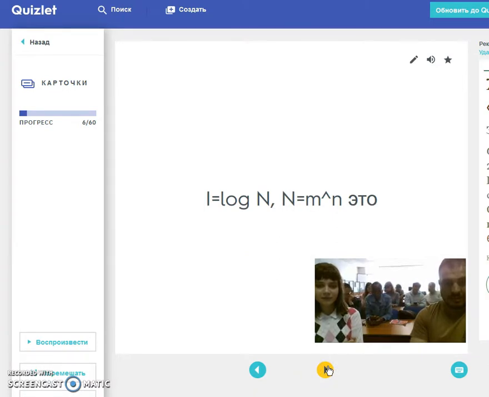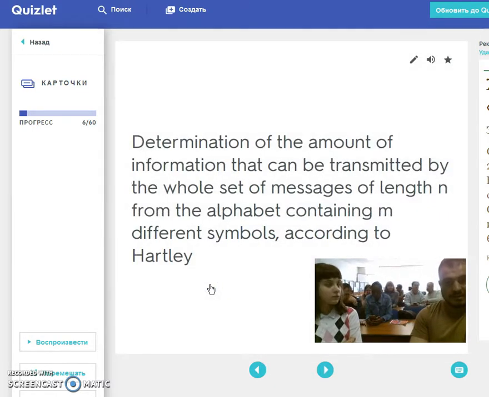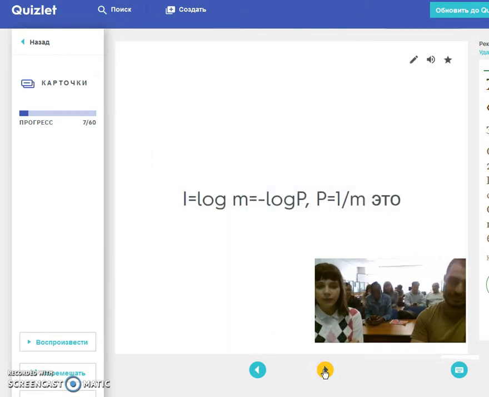I = log N = n log m determines the amount of information that can be transmitted by the whole set of messages of length n from the alphabet containing m different symbols according to Hartley. I = log m = -log P, P = 1/m.